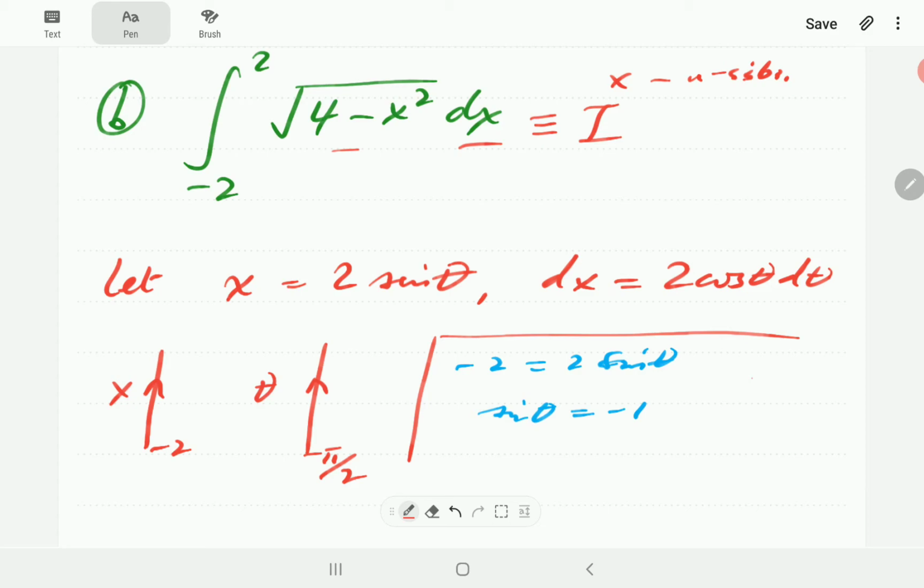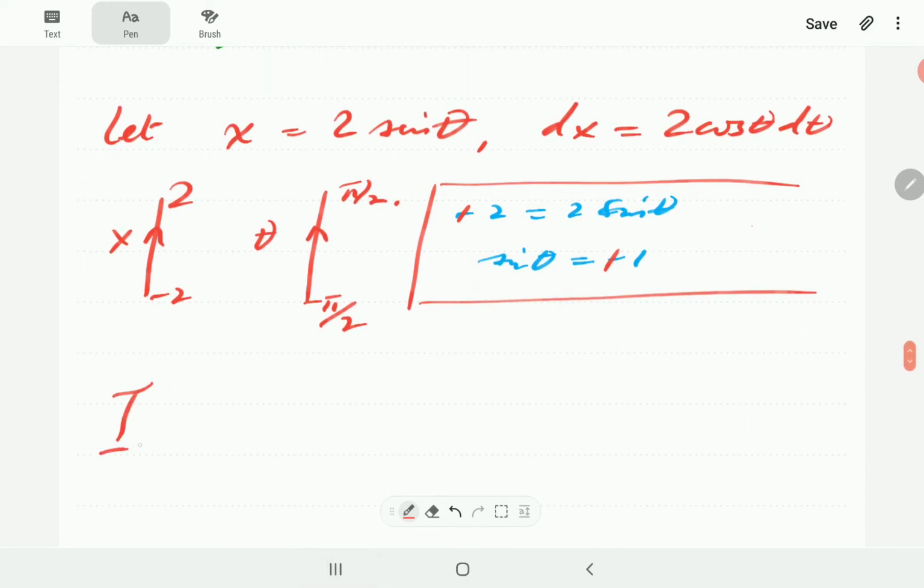And then when x is 2, this time our equation is sine theta is equal to 1. And again, the smallest value for theta, for which sine theta is 1, is pi/2. So that's going to be our new limits.